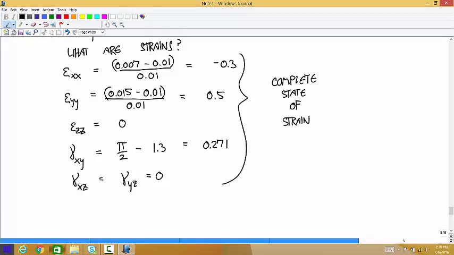So we have 6 stresses with subscripts XX, YY, ZZ, XY, and so on. We have 6 strains with the exact same subscripts. It seems pretty obvious that we would want to put the strains into a matrix of the same form, but actually we're not going to.